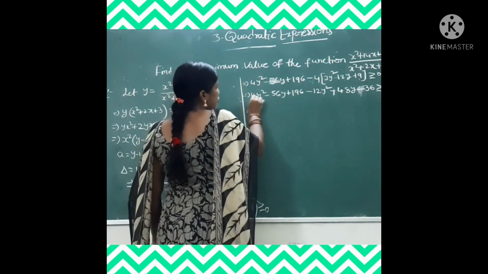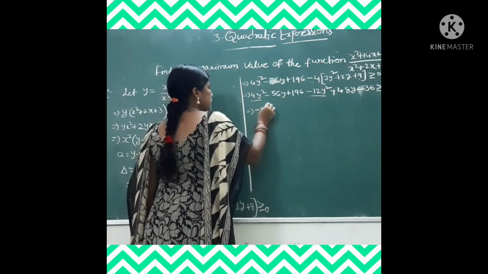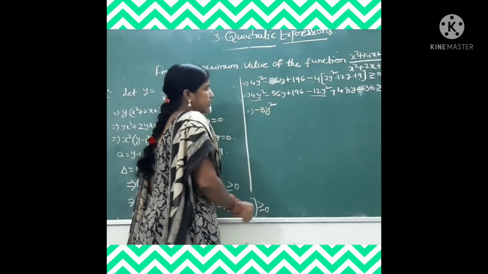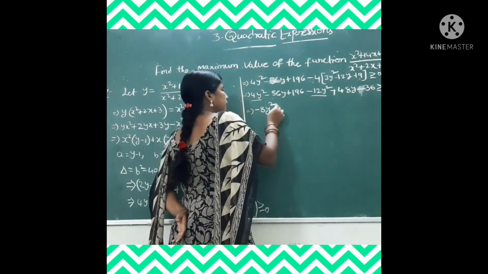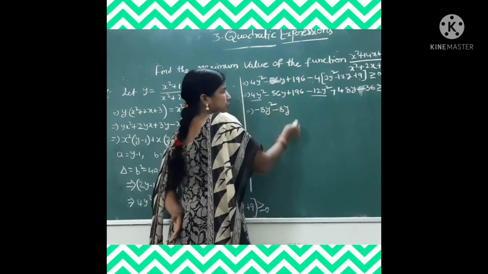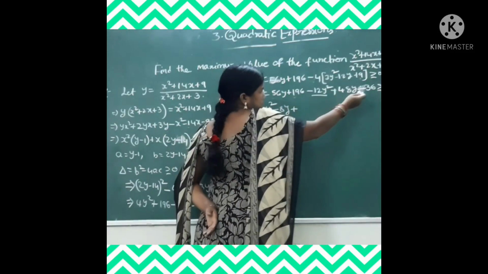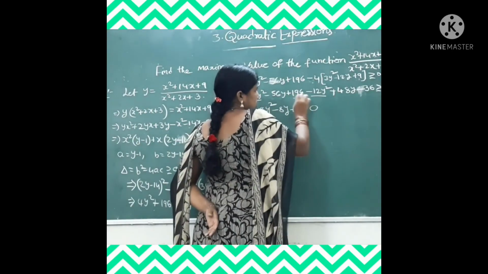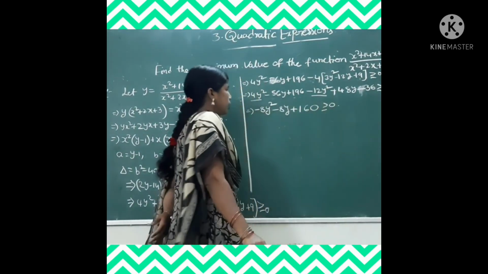Now here 4y square and 12y square, we get minus 8y square, and minus 56y plus 48y, again minus 8y, plus here 196 minus 36 is 160, greater than or equal to 0.